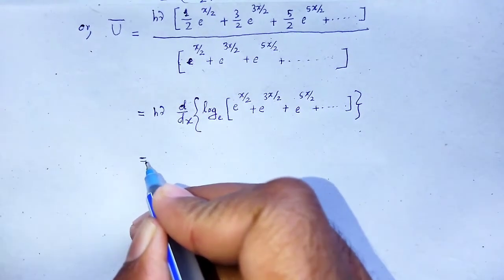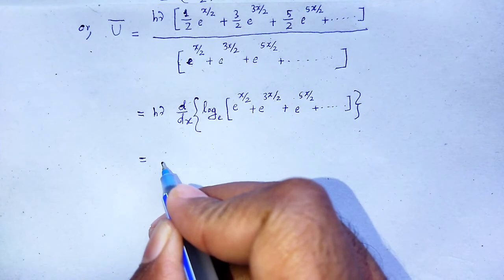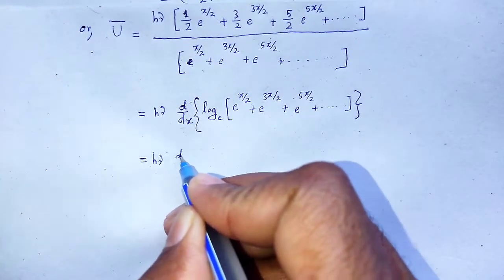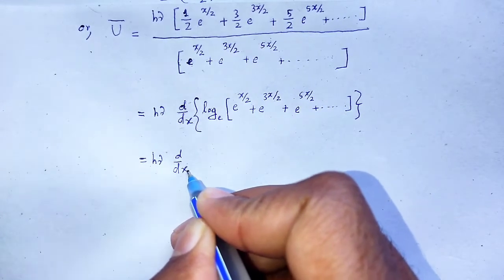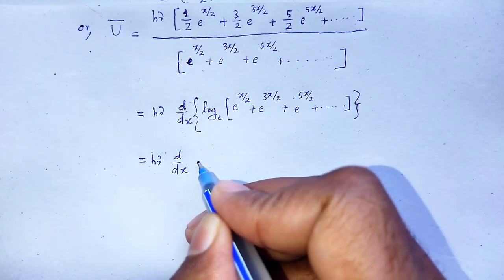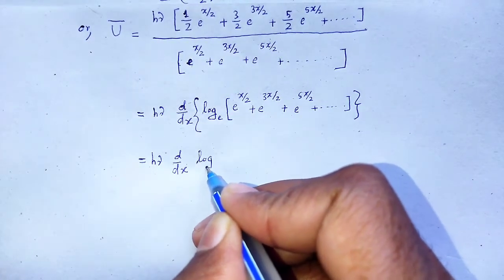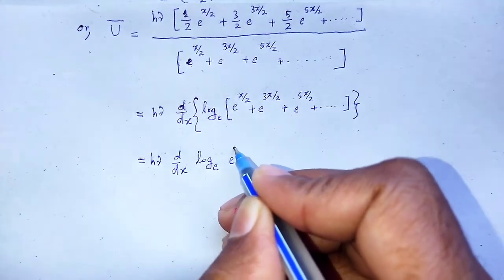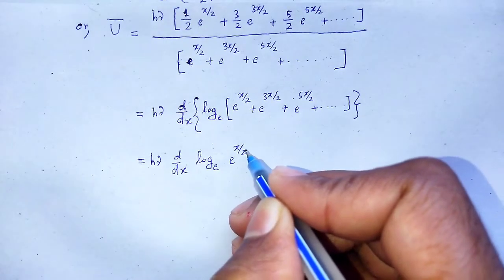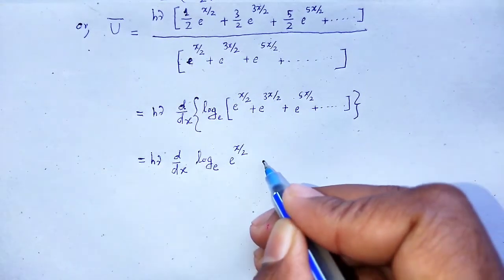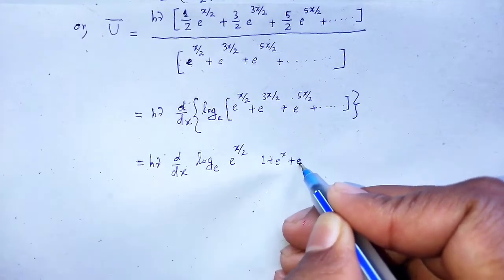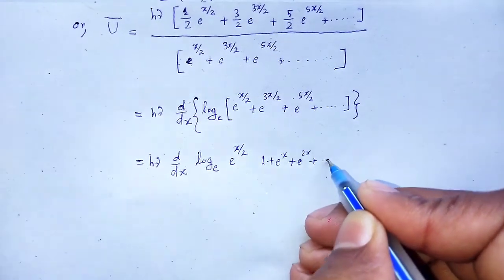is equal to h nu d by dx of log of base e. Here we take common e to the power x by 2. So inside the bracket, we obtain 1 plus e to the power x plus e to the power 2x plus dot dot dot.